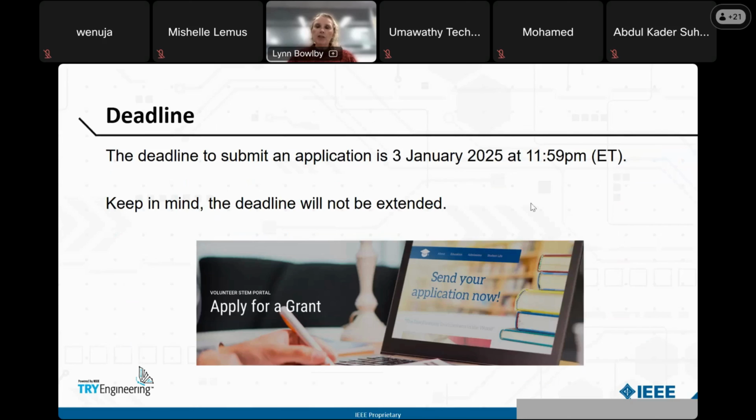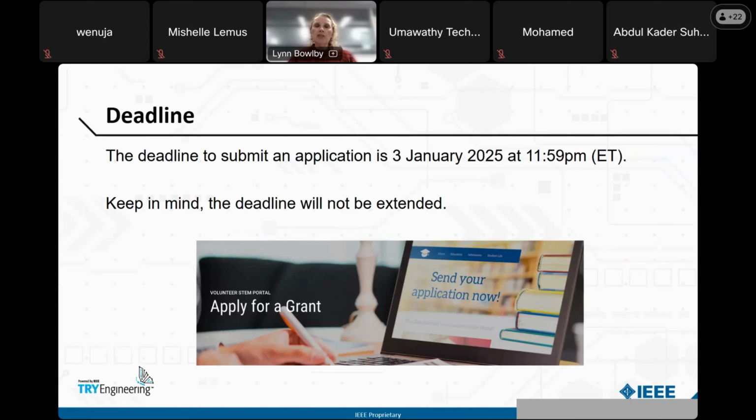As you can imagine, there's quite a bit of a time frame that's involved in reviewing these applications. And last year we received over 400. And so it takes time to try to figure out the assignments of these applications to our reviewers, and then to give the reviewers time to review the applications before they are announced.